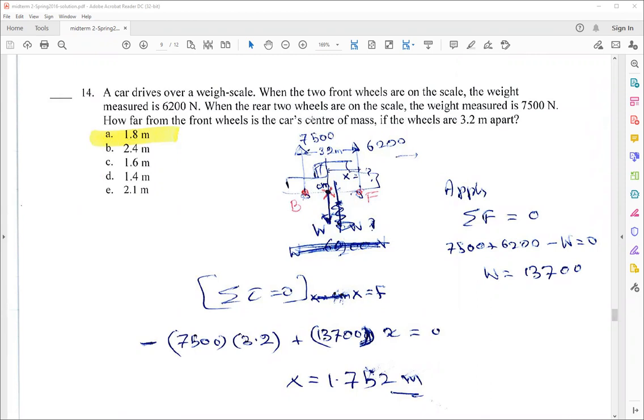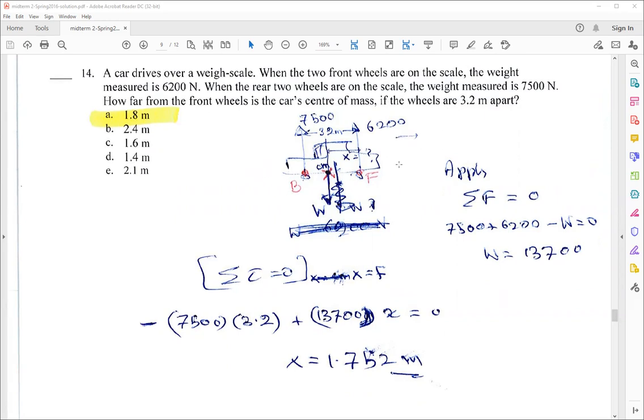How far from the front wheels is the car's center of mass if the wheels are 3.2 meters apart? Now, we're looking at this car, and we're looking at the net torque in equilibrium around 2 points. So this is point F, the front, and then I have point B, the back.